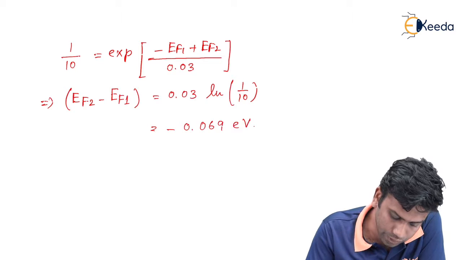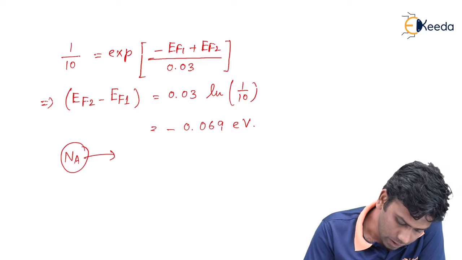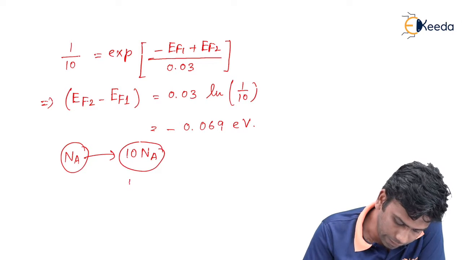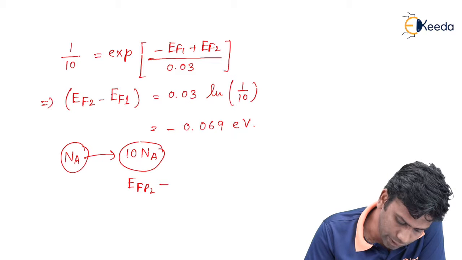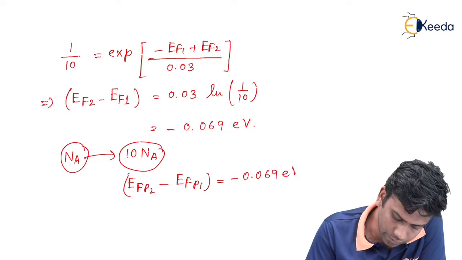So, if we find the value of 0.03 ln 1 by 10, it will be minus 0.069 electron volt. That means when the acceptor concentration has been changed to 10 Na, then the EFP2 position has been changed, EFP2 minus EFP1, as minus 0.069 electron volt.